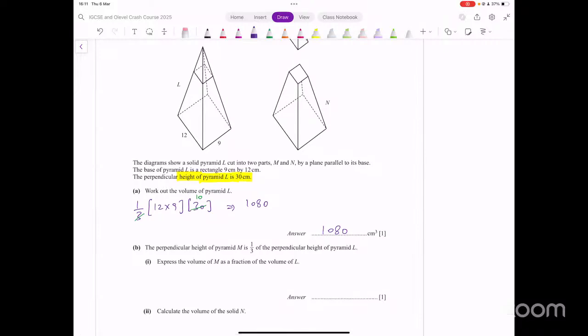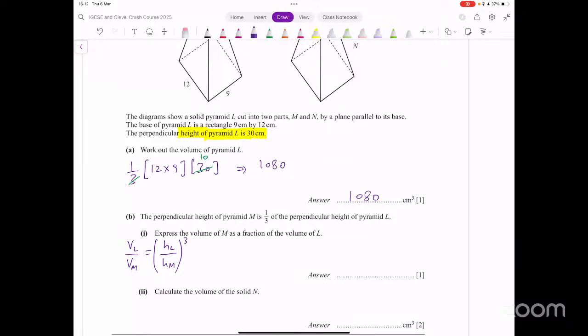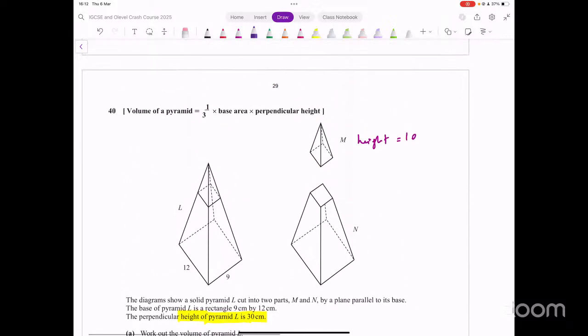You can use similarity of these figures. We can say volume of pyramid L over volume of pyramid M should equal height of pyramid L divided by height of pyramid M, whole cube, right? That's the ratio in case of similar figures. We want to express the volume of M as a fraction of volume of L. Okay, we'll do that. Height of pyramid L, what was that?